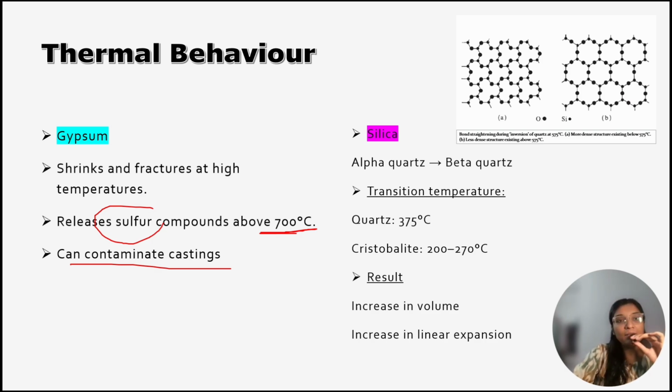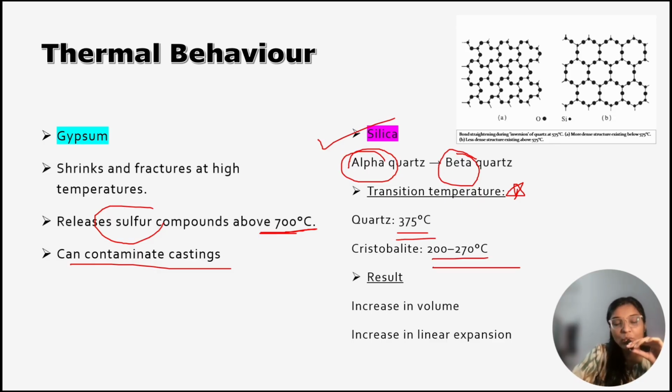And the thermal behavior of silica. Silica at room temperature is in the form of alpha quartz and it converts to beta quartz when heated. This temperature is called the transition temperature. The transition temperature for quartz is 375 degrees centigrade, and for cristobalite it is 200 to 270 degrees centigrade.